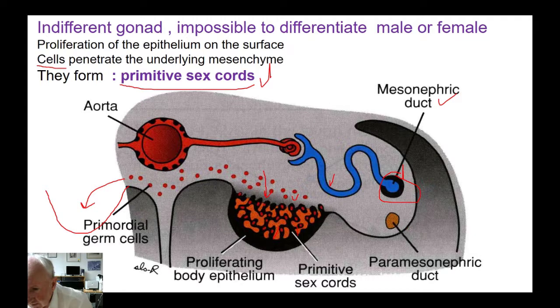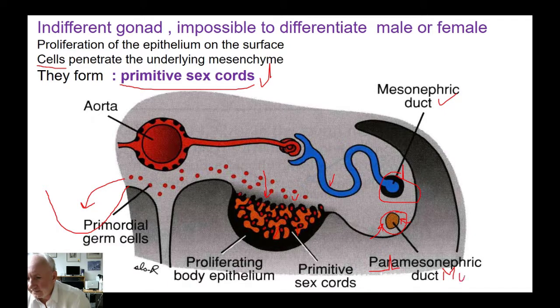Invagination of the coelomic cells at this region forms a duct, and this is para, meaning very near, the paramesonephric duct, another name Müllerian duct.